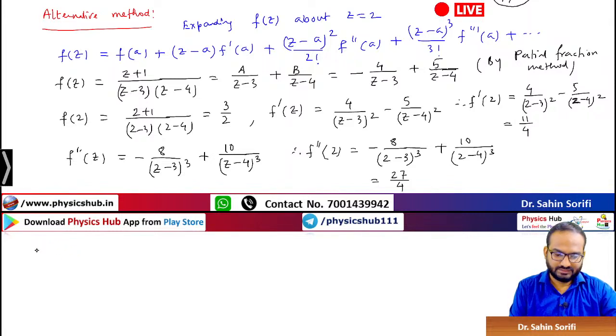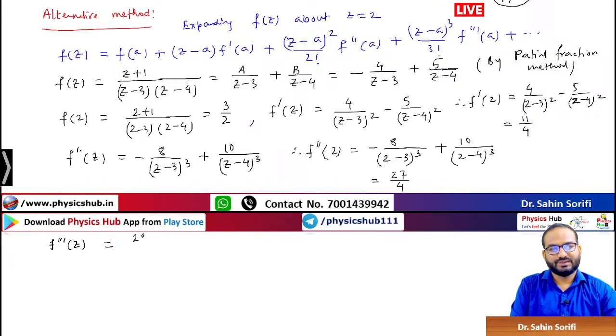Non-negative powers of z, in a Taylor series the function must be analytic. This one needs to be remembered. So this is 24 by z minus 3 to the power 4 minus 30 by z minus 4 to the power 4.